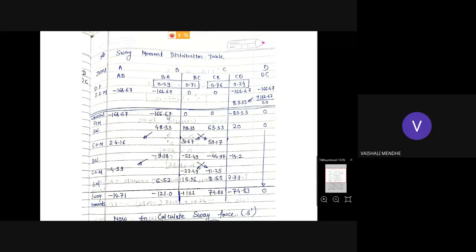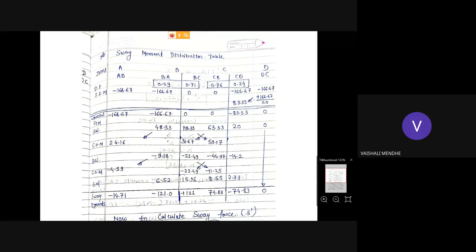Then similarly for member BA, -121.0. Similarly for member BC, plus 121. Here equilibrium of joint B should be satisfied. Okay, this is -121, it should be plus 121. Then you can say that your answer is correct.